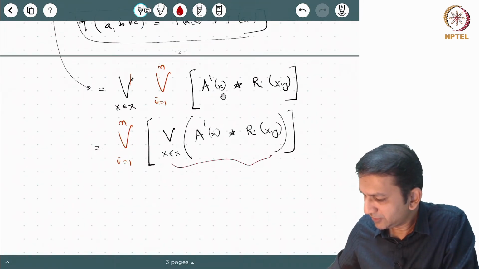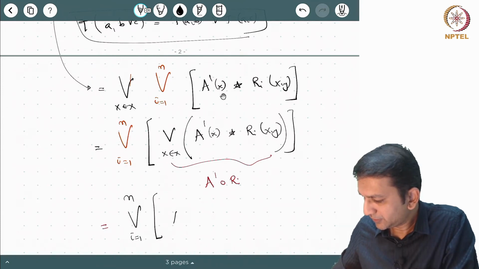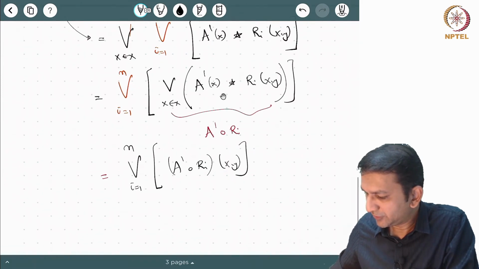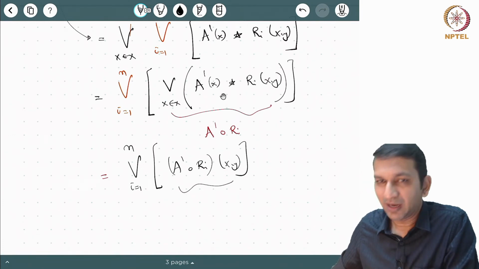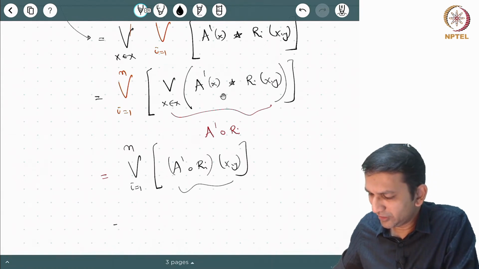This essentially is A dash circle Ri. So we can write this as i equal to 1 to n, A dash circle Ri at y. Now this is nothing but inferring each one of them for a given i and then aggregating. So clearly this is the FITA inference.